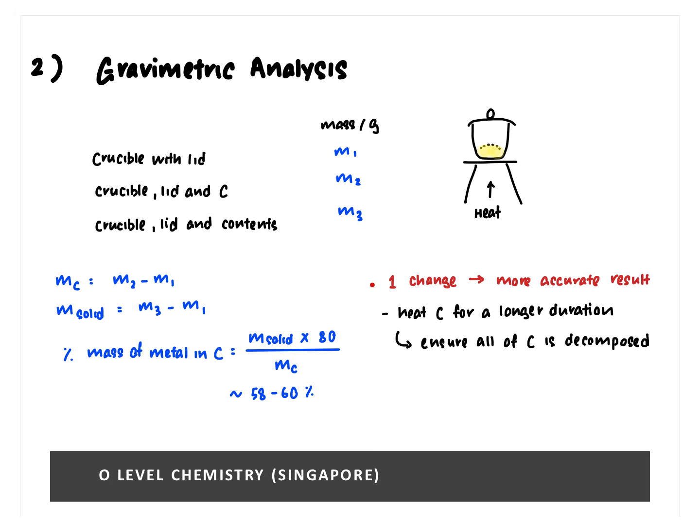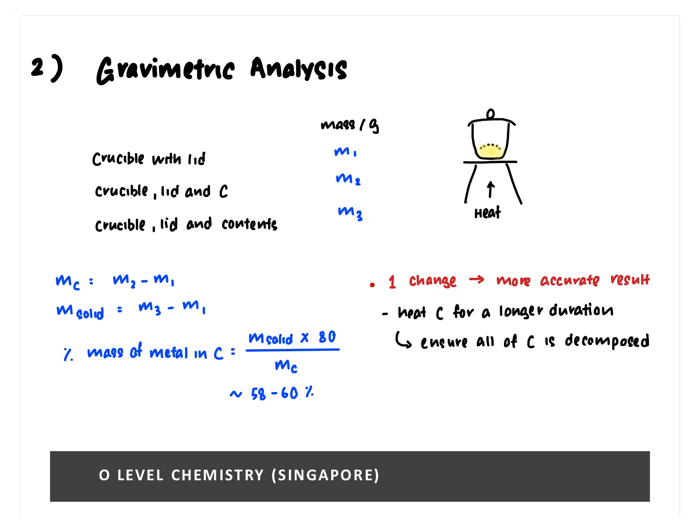Again, it may vary from exam center to exam center, but this is the rough value. The question goes on to ask about one change for a more accurate result. So for gravimetric experiments, we know that in order for accurate results, we must make sure that the solid has fully decomposed. So one change would be to heat the solid for a longer period of time.